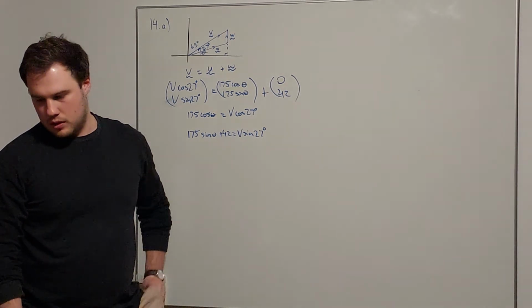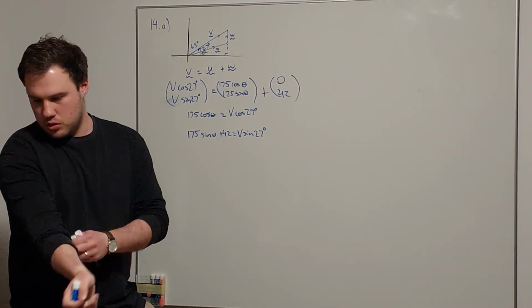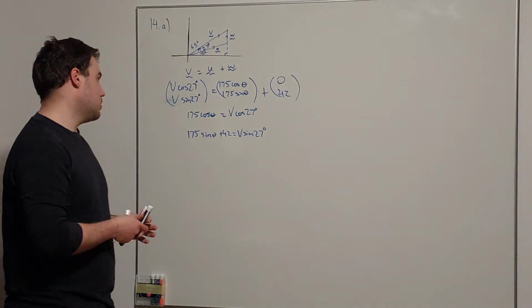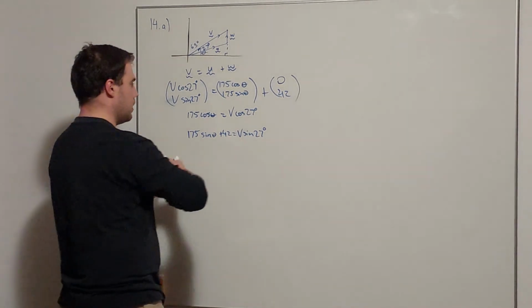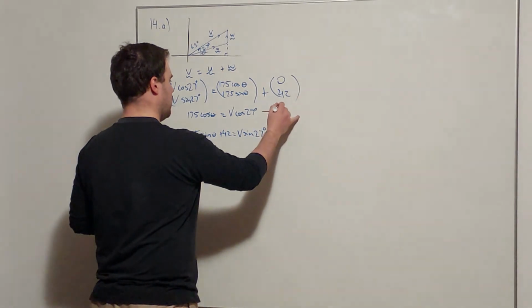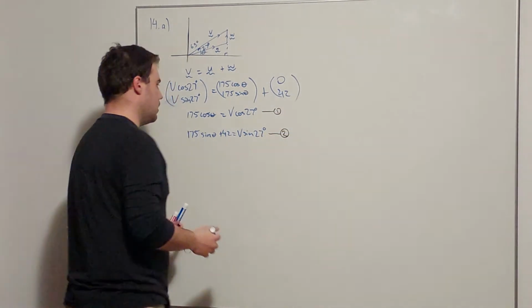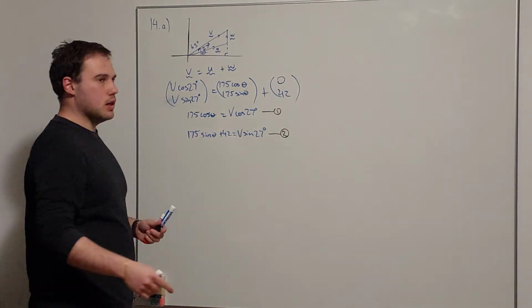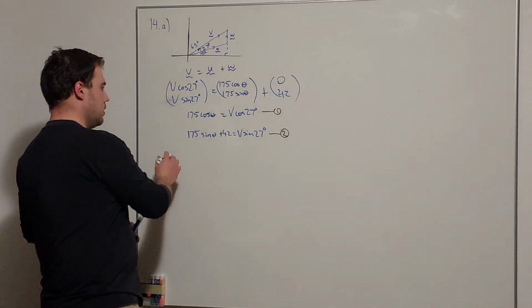So if we treat these simultaneously and we want to eliminate V, so we just have an equation in terms of theta, if I label this equation 1 and this equation 2, we may as well do sine divided by cos that way, so we get tan.